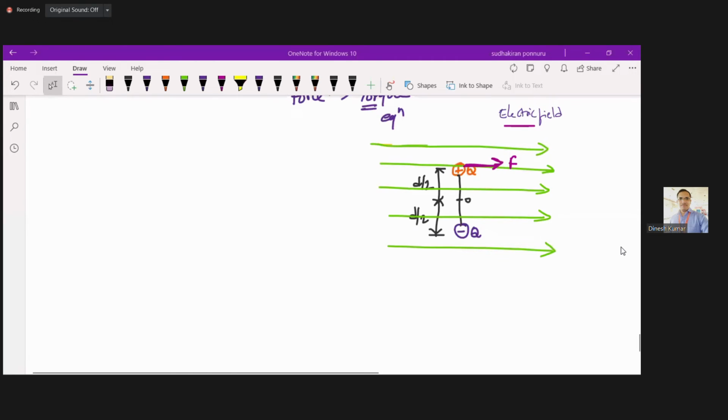See here, with respect to plus q, if it is having the force on the right side, since the other is a negative point charge, this point charge should experience a force exactly opposite to that of plus q. So here I am drawing the force on the minus q charge as minus f.